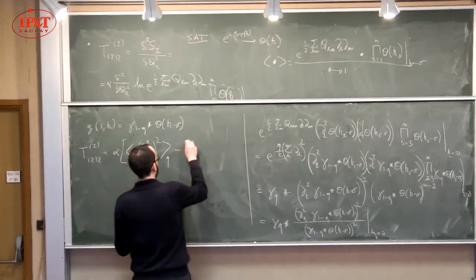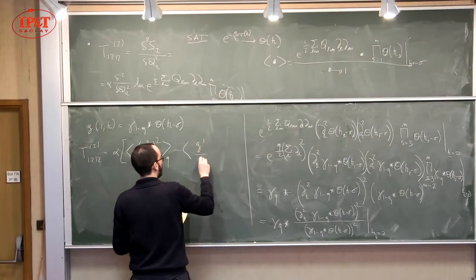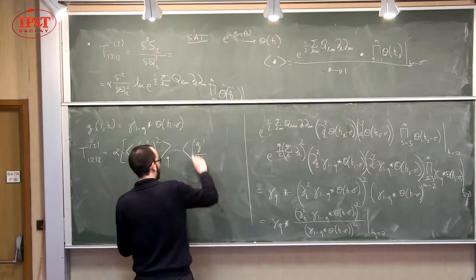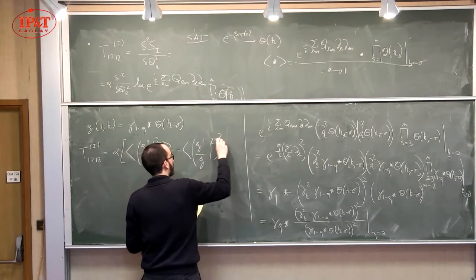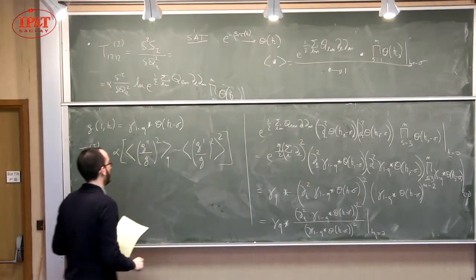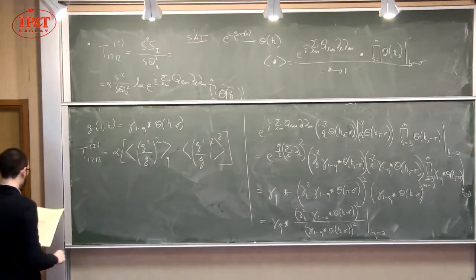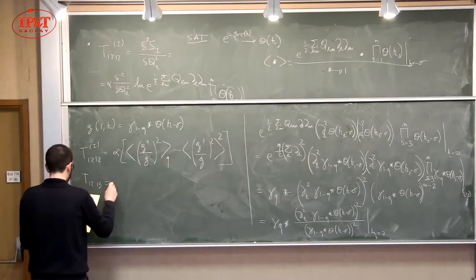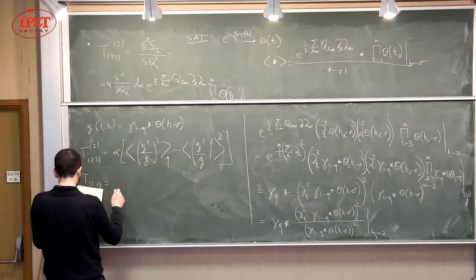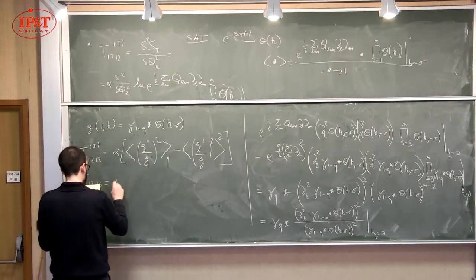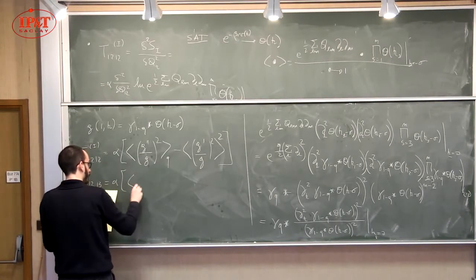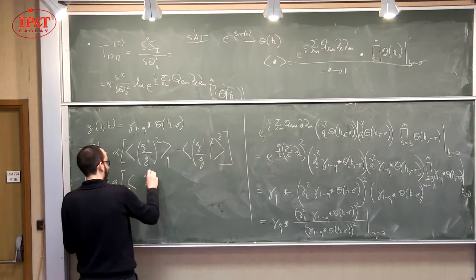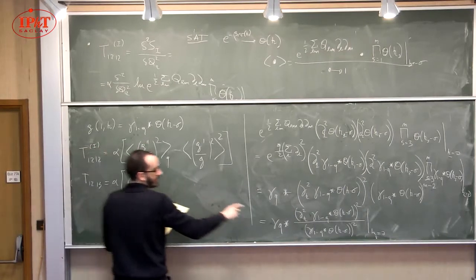And then you have the other term that is exactly the same. I mean, it's close to that. It's squared. And then you can do exactly the same computation for all the terms. So 1, 2, 1, 3. And you have an expression that should be, so I indicate with this the derivative with respect to h.